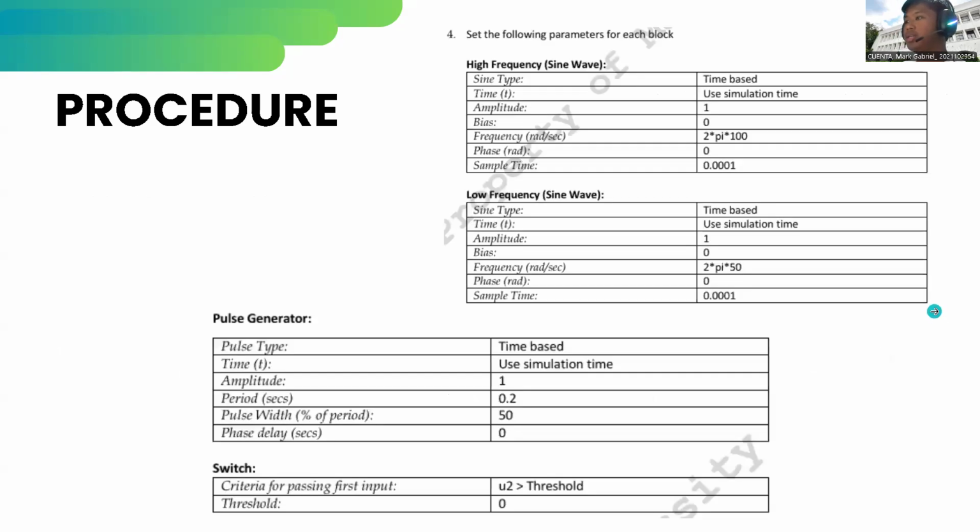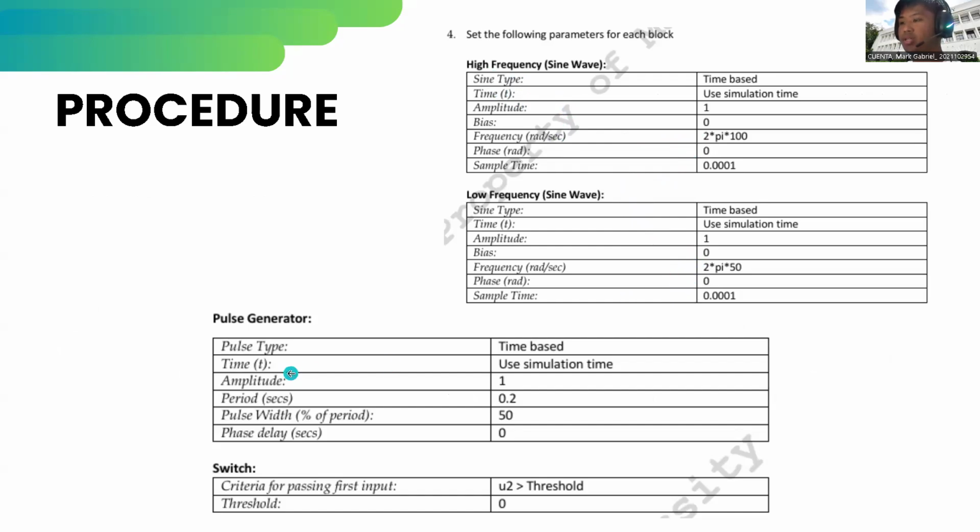Moving on to the different parameters for each block. For the sine wave for high frequency, use an amplitude of 1, a frequency of 2 times pi times 100, and a sample time of 0.001. Then for low frequency, an amplitude of 1, a frequency of 2 times pi times 50, and a sample time of 0.001.